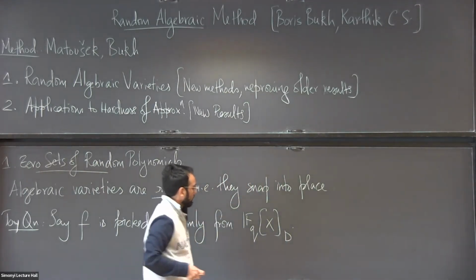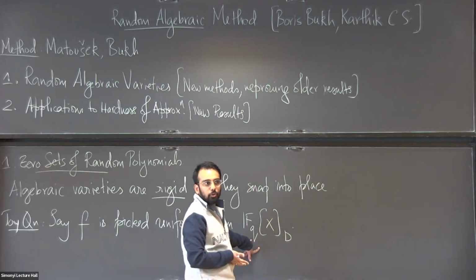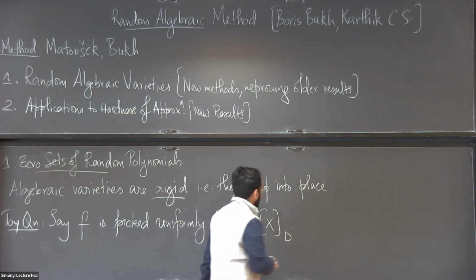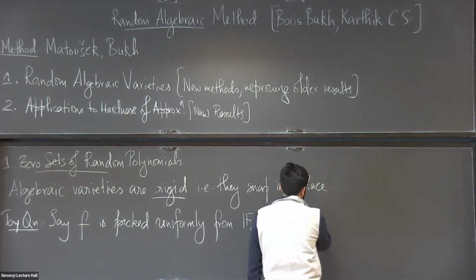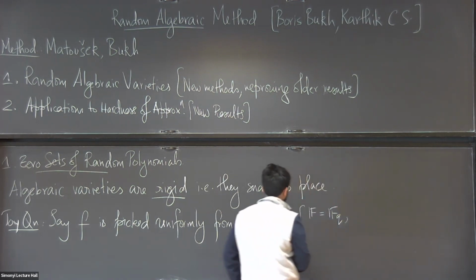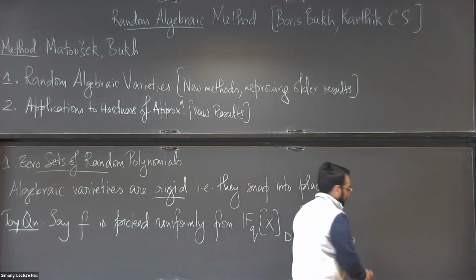So that's my notation. I might, on occasion, drop the q because almost all the fields that we'll deal with for this talk will be finite fields. So if I write F, it'll almost always be F_q unless I say otherwise. And the subscripts, equal to d or at most d, are the obvious degree restrictions.